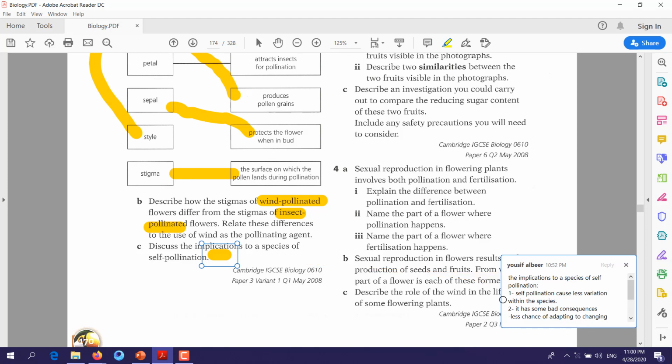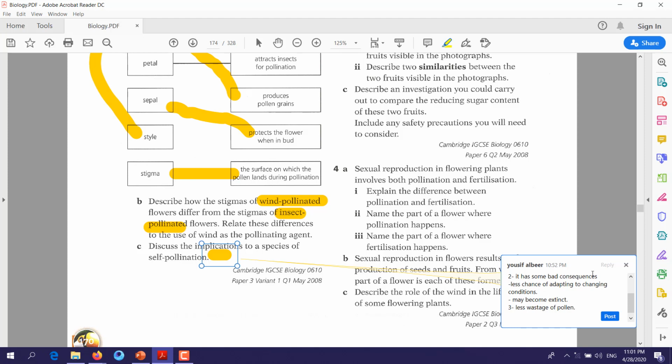For example, self-pollination causes less variation within the species, which you can consider as positive or negative at the same time. Number two, it has some bad consequences.